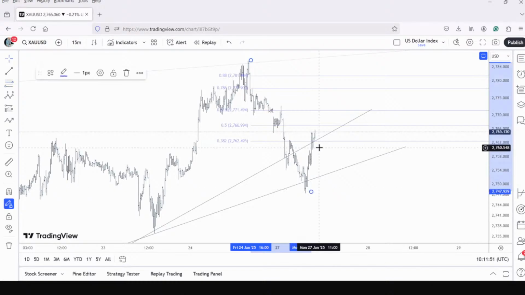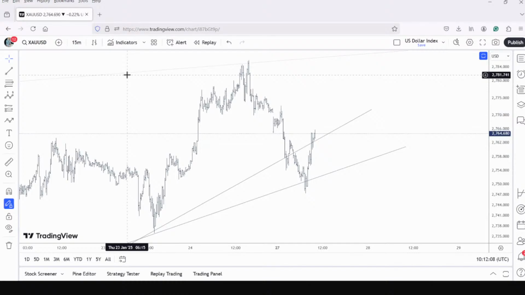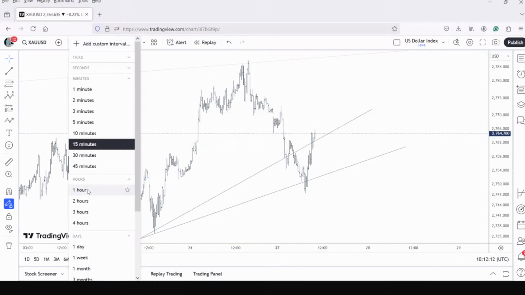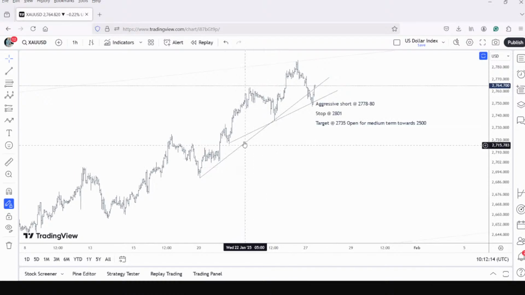So it can possibly go towards the 61.8 percent, which is coming around the 2771 mark. So maybe one more drop and then a rally. That's quite possible. So those who want to re-enter gold on the short side can do so around the 2770 mark.